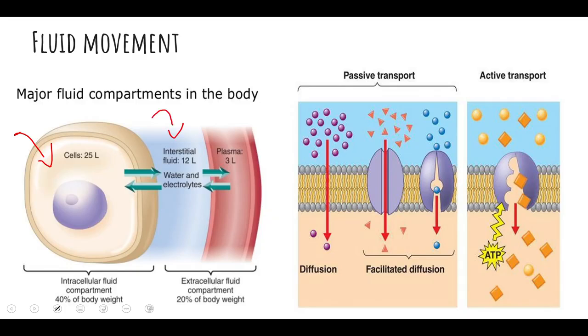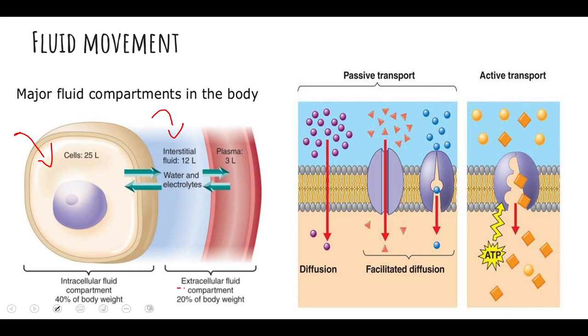The fluid inside of our cells we call intracellular fluid, okay? Intra means inside. That accounts for 40% of our body weight, and the extracellular fluid, which is outside of our cells, accounts for about 20% of our body weight. That is a pretty significant portion that the fluid accounts for.